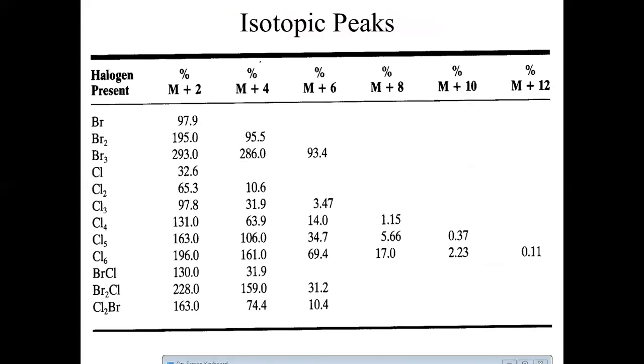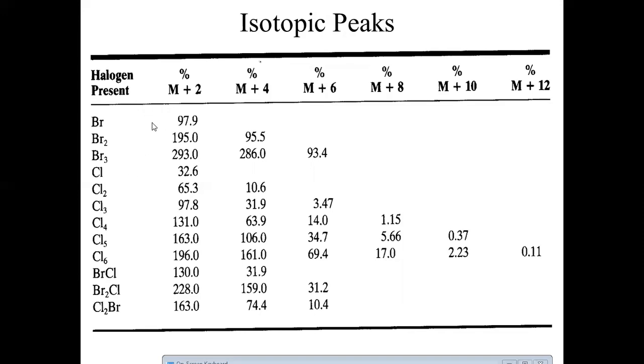Besides this, an important thing to keep in mind is isotopic peaks. Mostly you have M or M plus 2 peaks because of the isotopes, and we are just concerned about bromine and chlorine, because their relative ratios are quite significant. For bromine, 79 and 81, it is almost a 1:1 ratio.